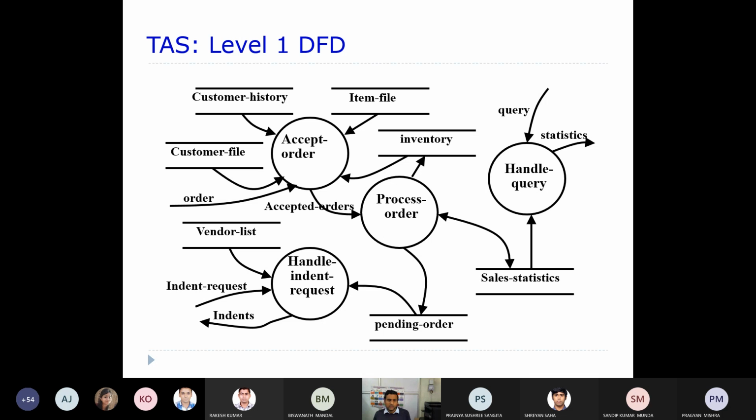Which processing should execute first, and whether these processings can be carried out in parallel, those sorts of things are not mentioned. We cannot represent those things through these diagrams.